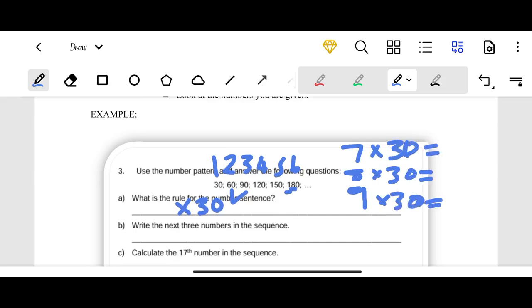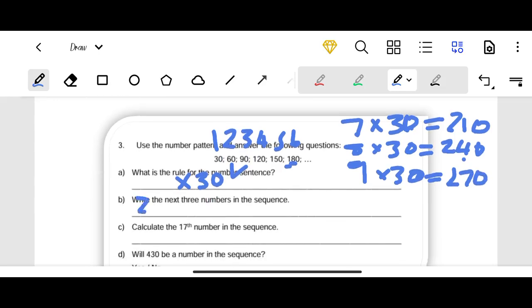So the first one, 7 times 30, is going to be 3, 6, 9, 12, 15, 18, 21. How many zeros? We have 1. So it means that the answer is 210. 8 times 30, you can simply say that plus 30 is going to be 240. That plus 30 is going to be 270. So it means that the next 3 are 210, 240, 270. And you are done.